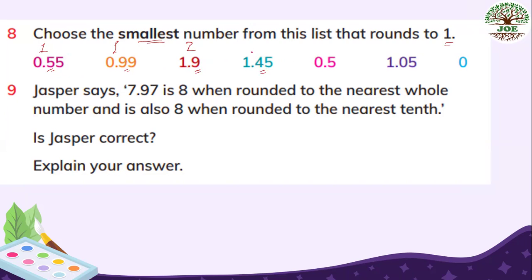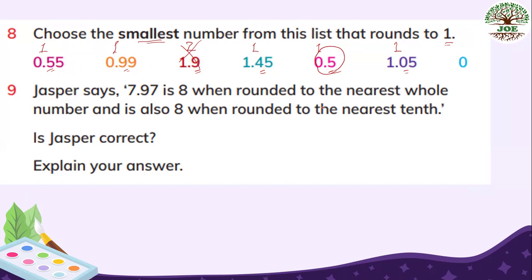This is 4, round down to 1. 5, round up to 1. 0, round down to 1. So the smallest number from them is 0.5, which rounds to 1.